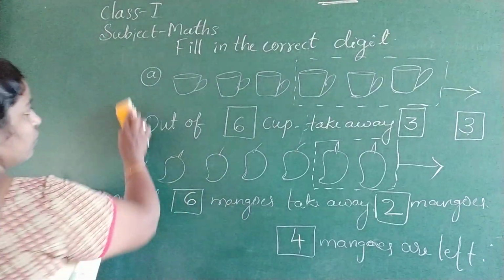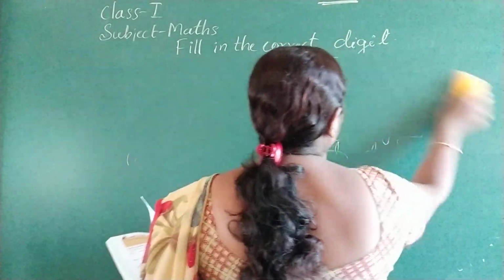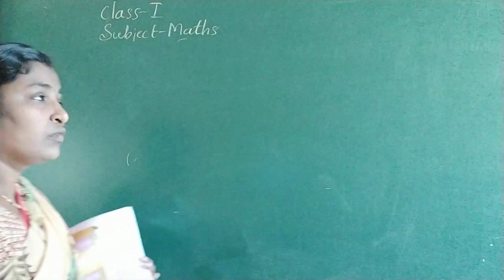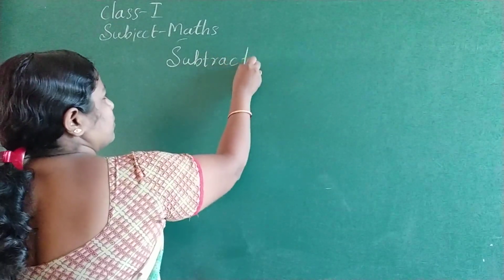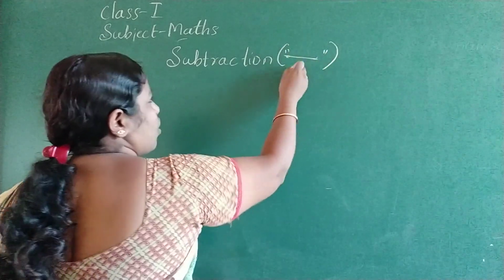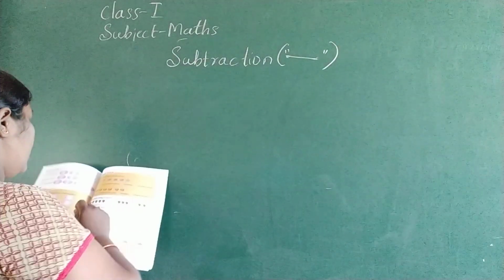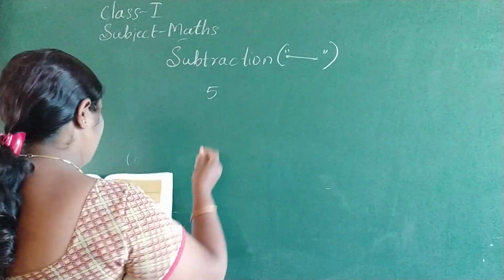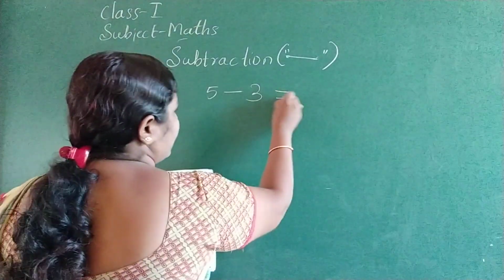Okay, we'll do subtraction, which will be denoted by this symbol. This symbol stands for subtraction. Okay. There are 5 strawberries, horizontal subtraction and minus, they took away 3 strawberries and how many left?